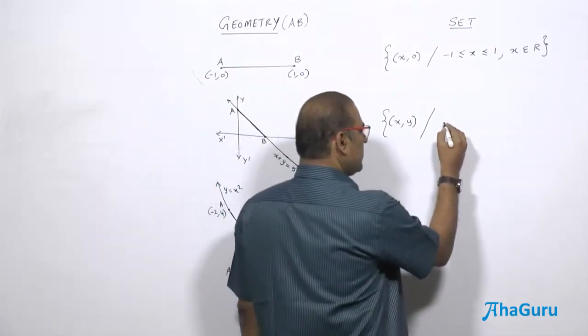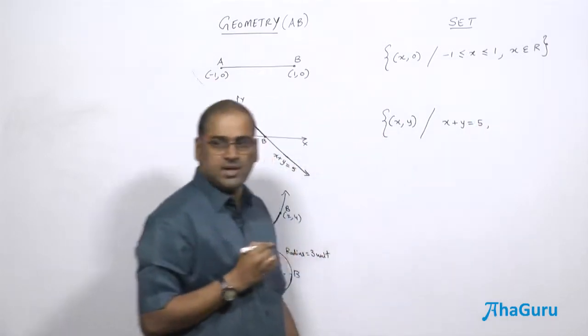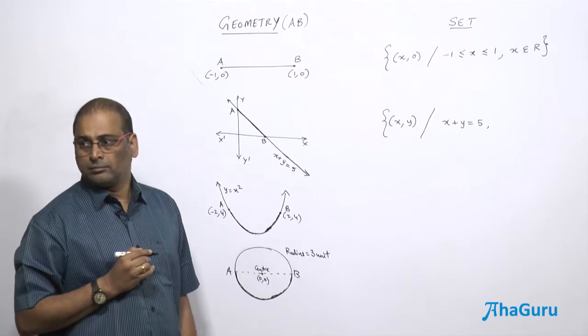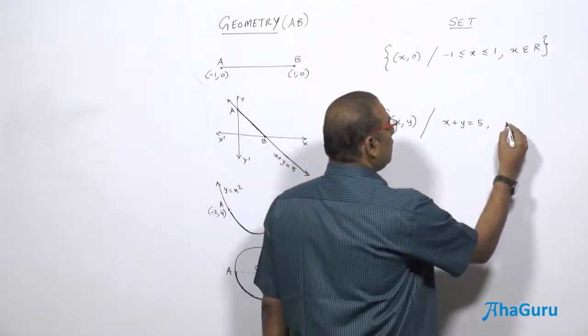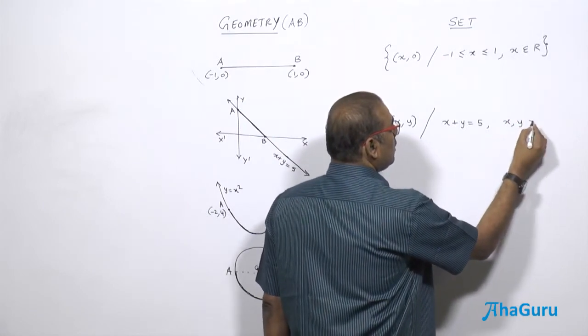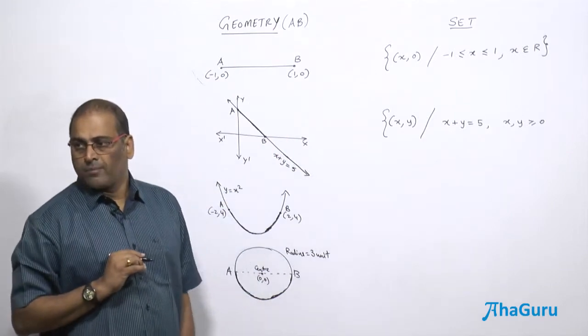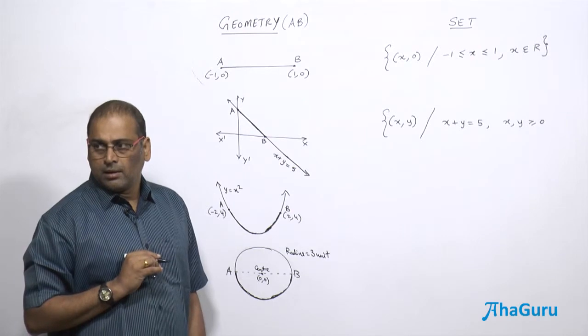So, you can just write x + y = 5 with extra conditions. What's the condition? x and y both greater than or equal to 0.